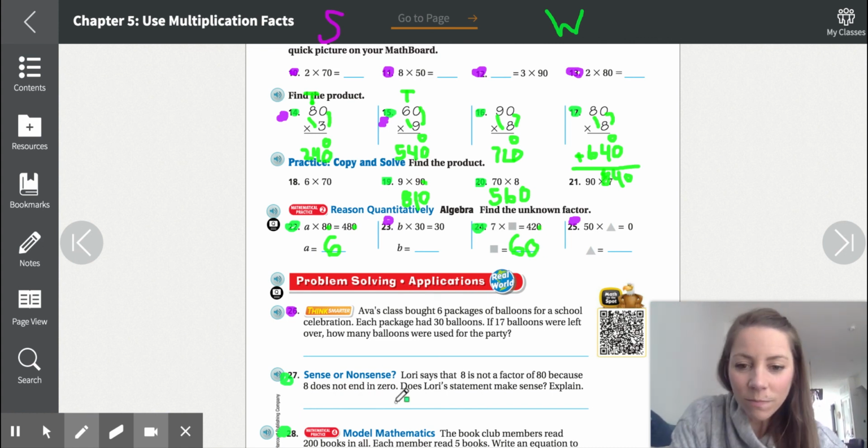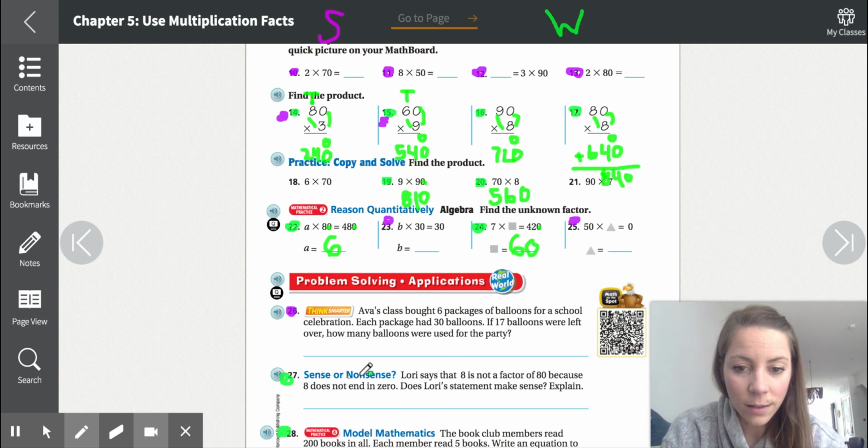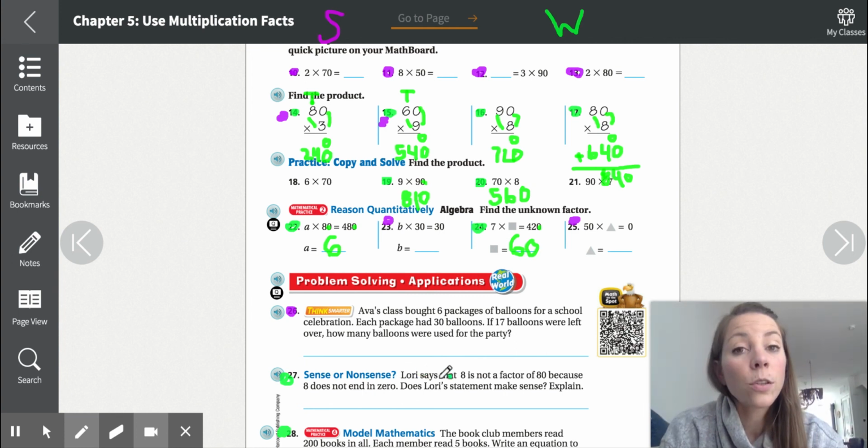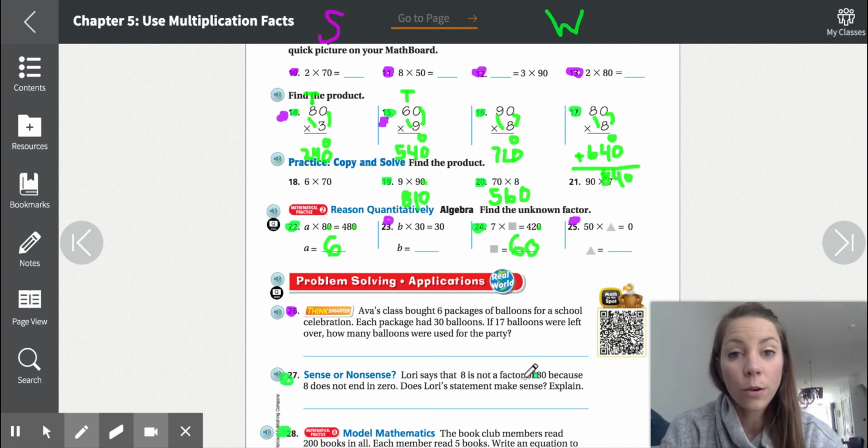Okay, number 27 is asking you if it's sense or nonsense. So does it make sense or does it not make sense? Lori says that 8 is not a factor of 80 because 8 does not end in 0. Does her statement make sense? So is 8 a factor of 80 or not? Does a number have to end in 0 to be a factor of 80? What did you think?